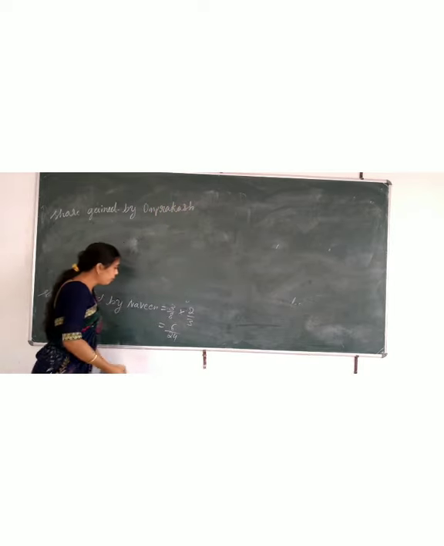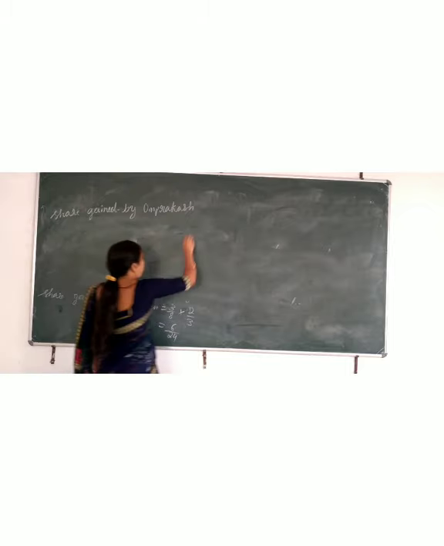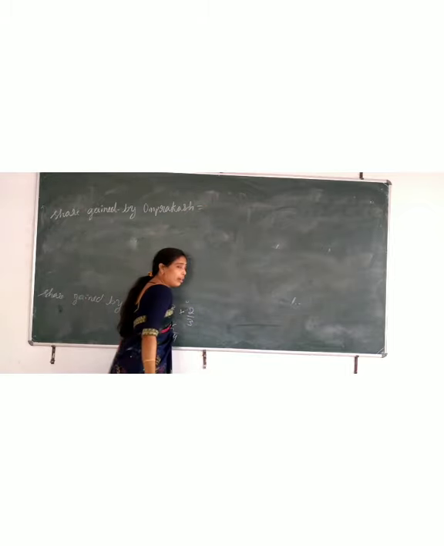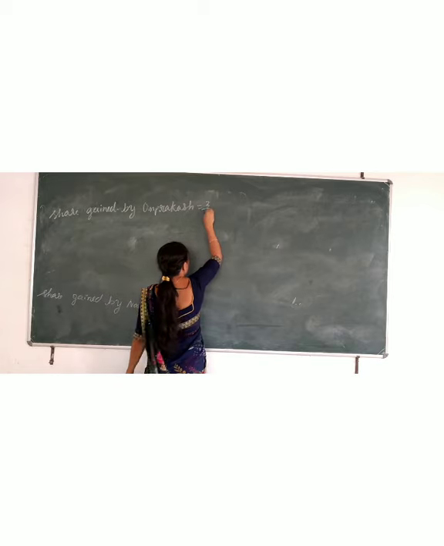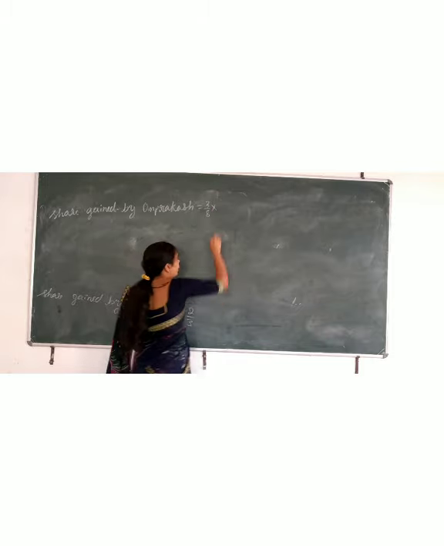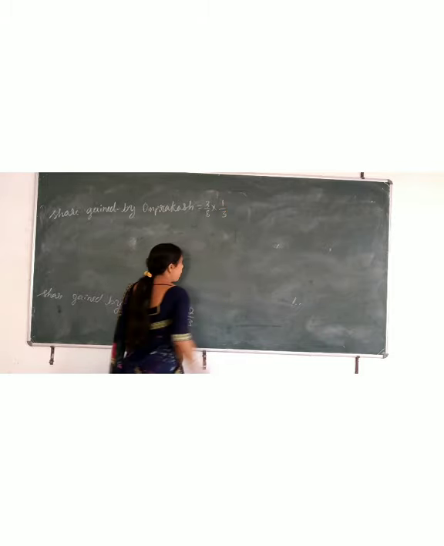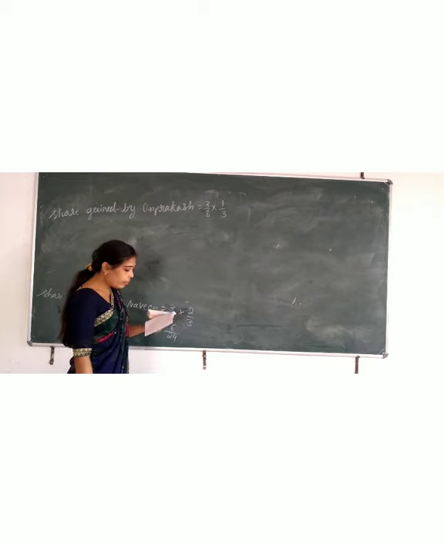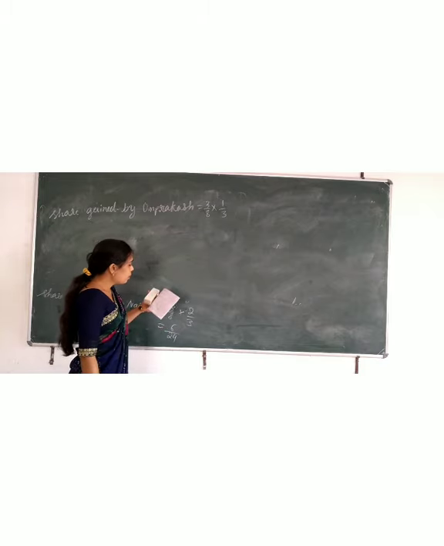Om Prakash's share we need to calculate. So the retired partner's share is 3/8, multiplied by the remaining share, which we need to calculate, that is 1/3. How did we get this share?